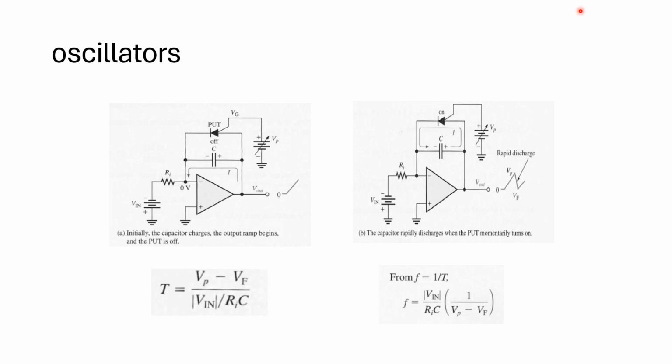Then the cycle continually repeats, and the resulting output is a repetitive sawtooth waveform. PUTs and UJTs are different types of thyristors that you will be discussing more when you go to your industrial electronics subject.